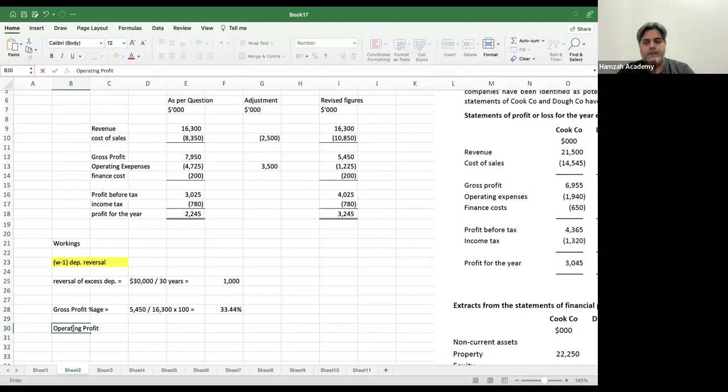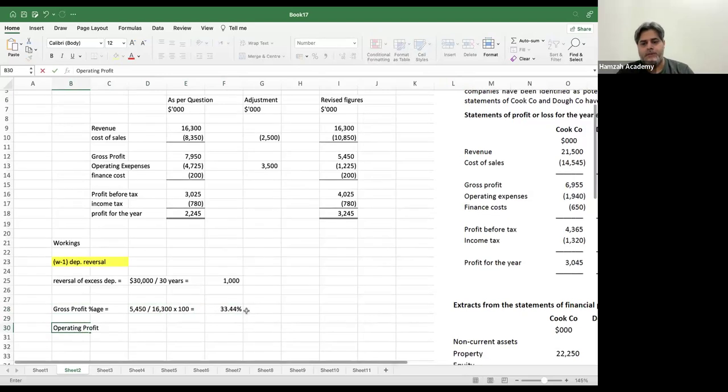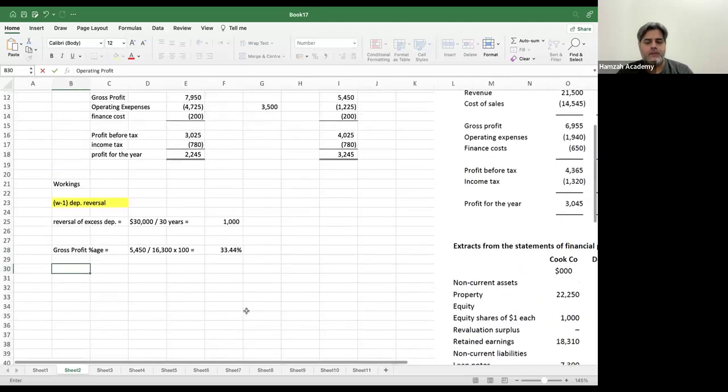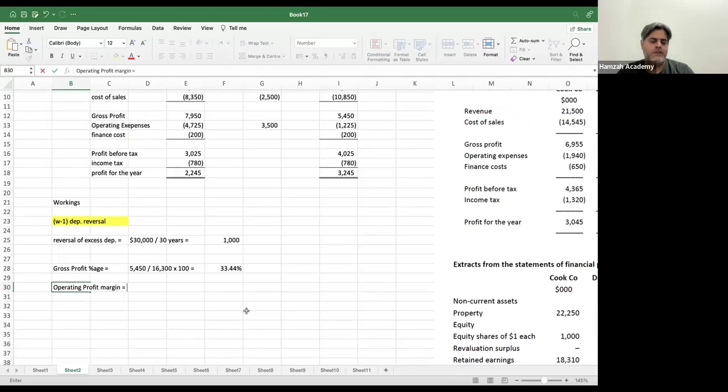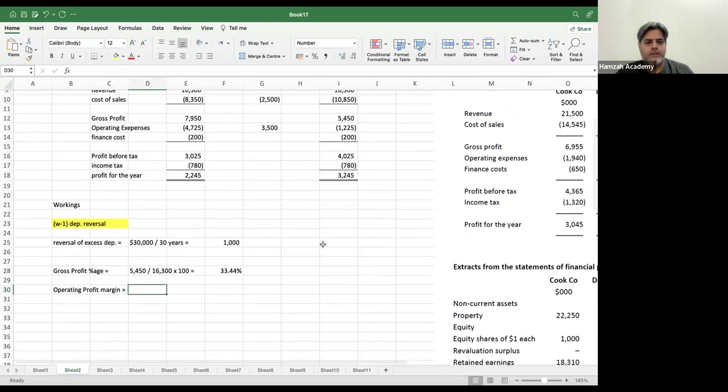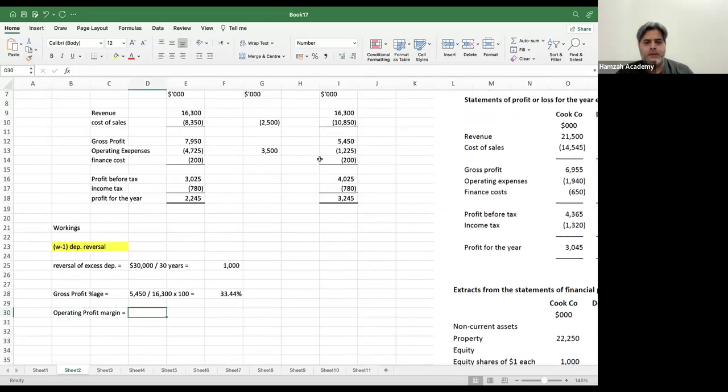Then we have the operating profit margin. We are going to have this operating profit over here, and this is going to be the amount after this, before the finance cost, because this is the profit before interest and tax now. So this is going to be 5,450 minus 1,225, so 4,225, right?